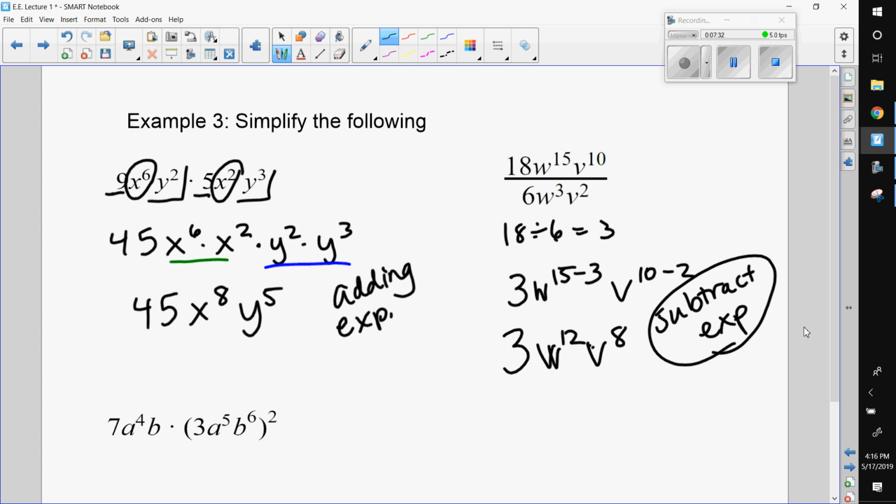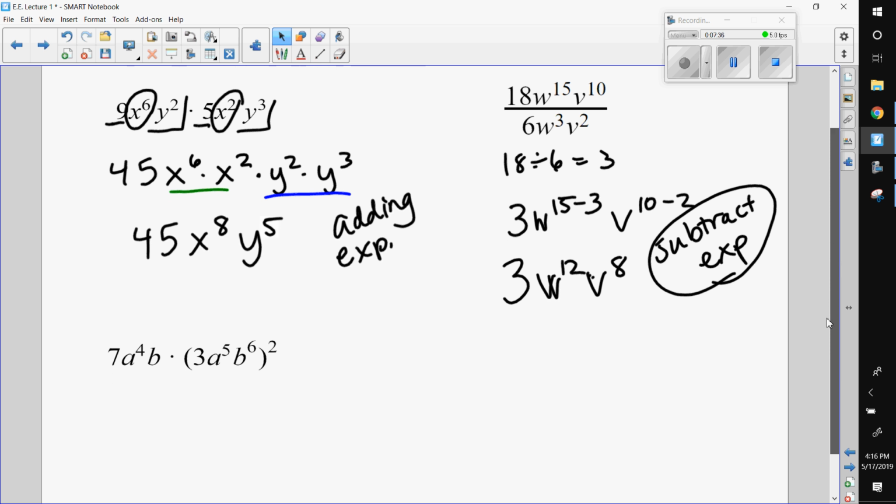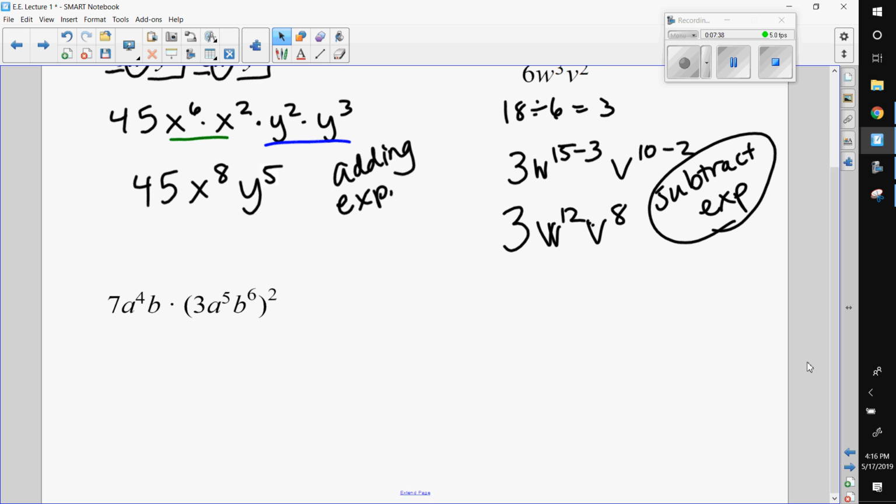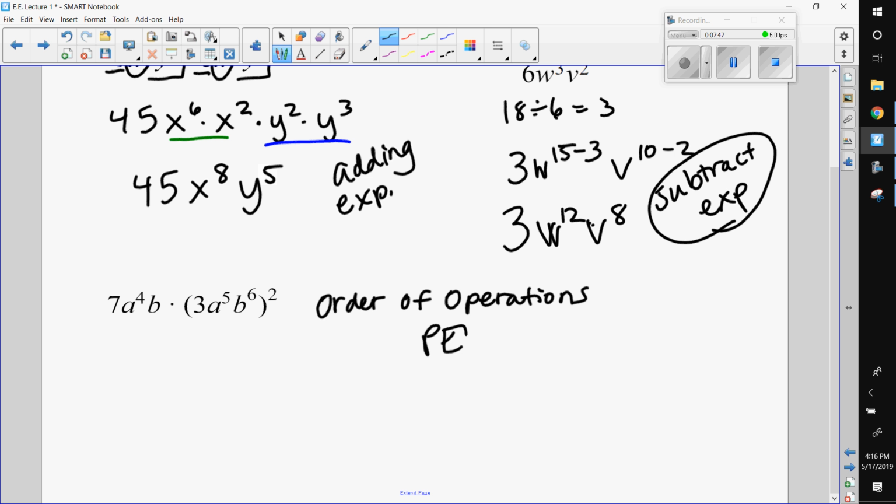And the last one, we've got some parentheses going on for this one. So I'm going to do these parentheses first. Same as my order of operations, I've got PEMDAS still working for me. I want to do the parentheses or the exponents first in this case. So this 2 here is going to distribute to everything. So all 3 of these things are going to hit that 2.